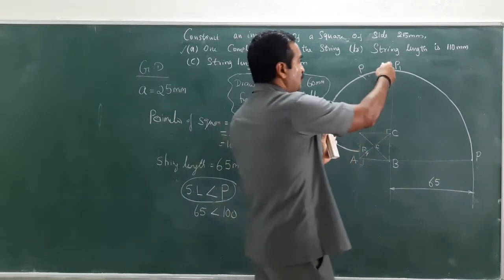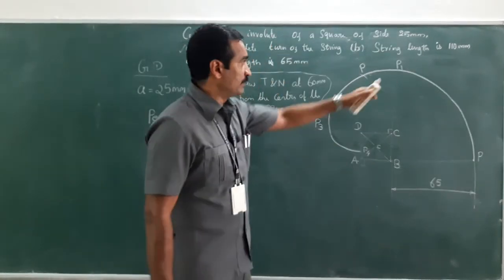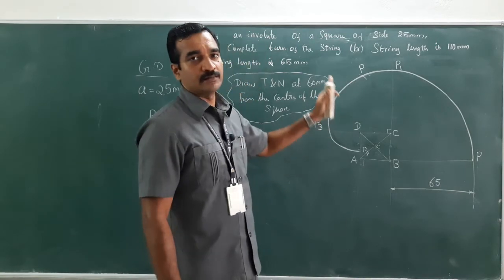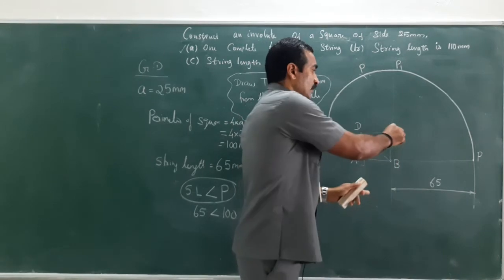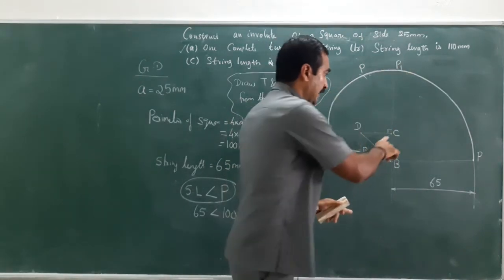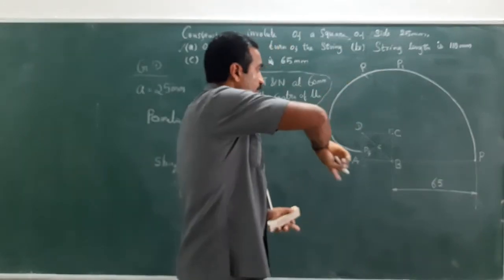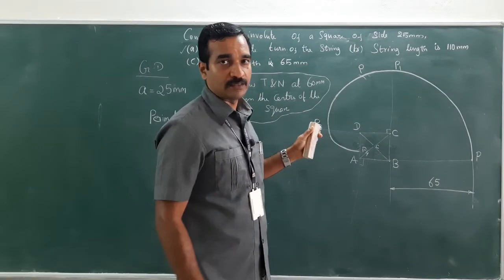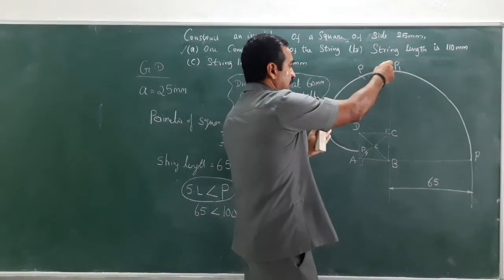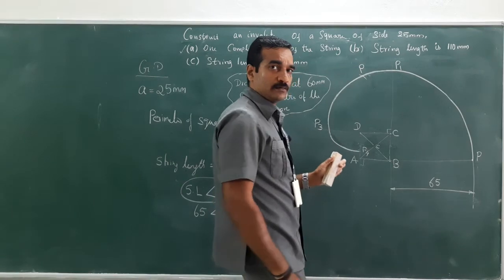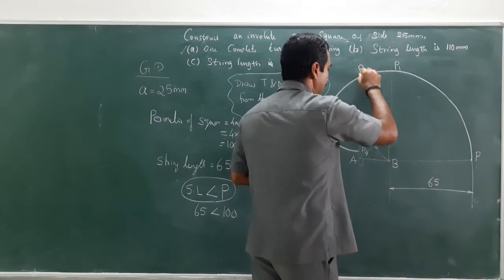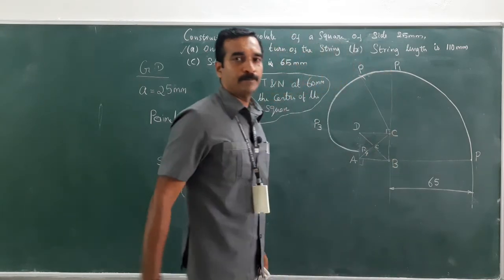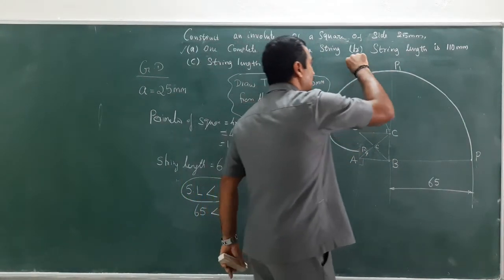This point can be taken as P, right? And this particular arc is being generated from where? Point C. CP1 as radius and C as center, I made this arc. Therefore, this particular portion is generated from point C. Therefore, I have to connect this line till C, and let me just darken this.